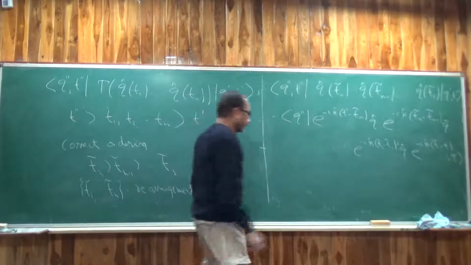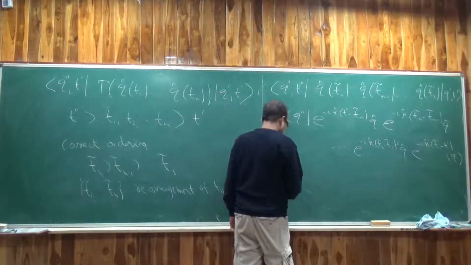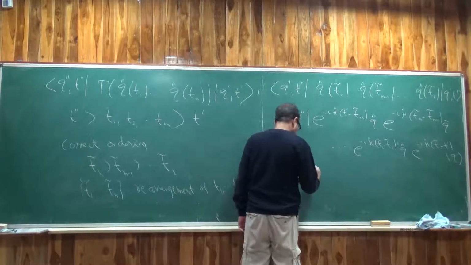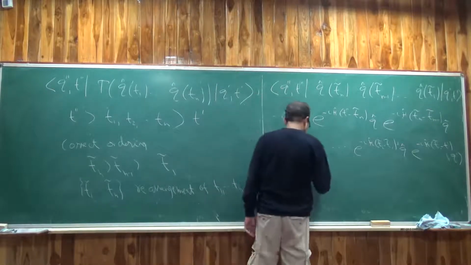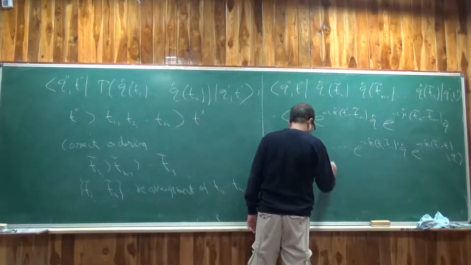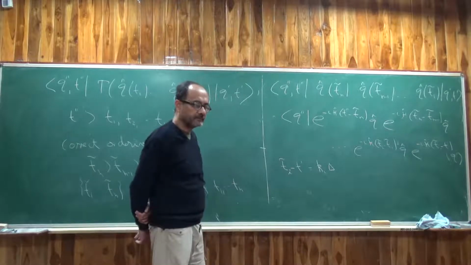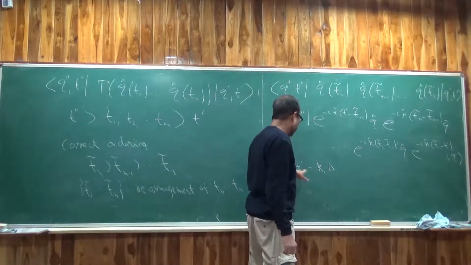So let's suppose that t tilde I minus t prime is k_i delta. So k_i is by definition (t tilde I minus t prime) by delta.